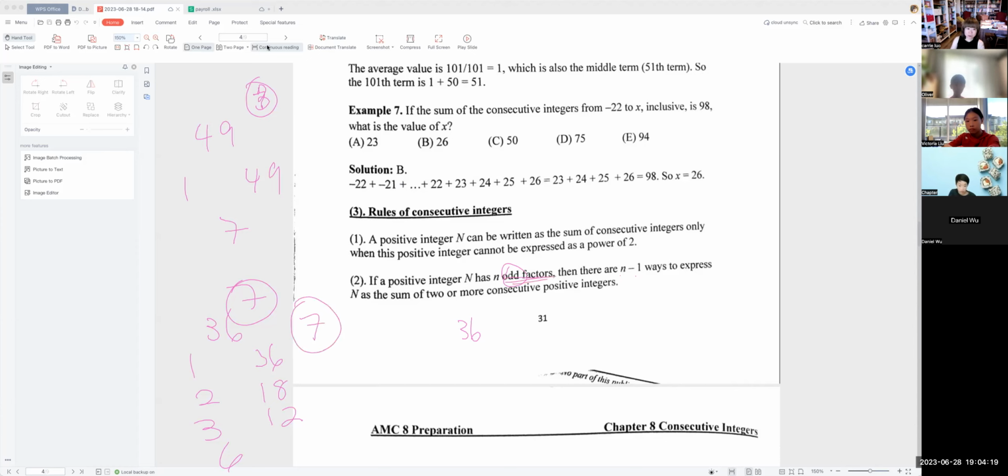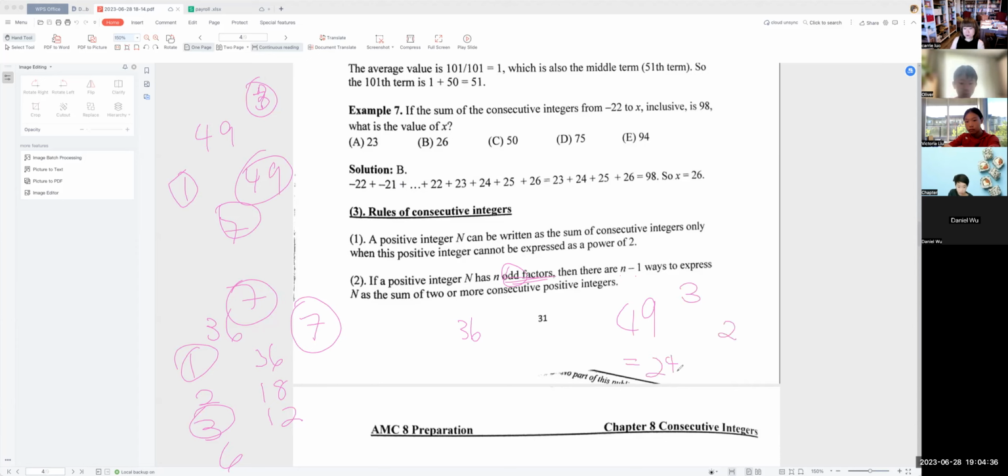Okay, sorry, it's wrong. So odd factors, there are a lot of odd factors. So it's not this way. So yeah. So 49 is the right one. So 49 is a number that has 3 odd factors. So that's why they have 2 ways of expressing it.